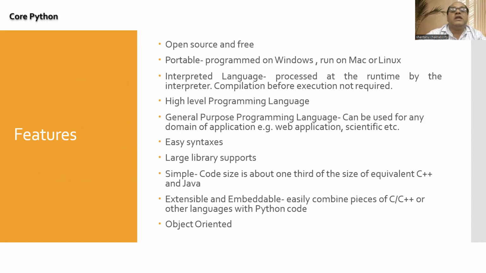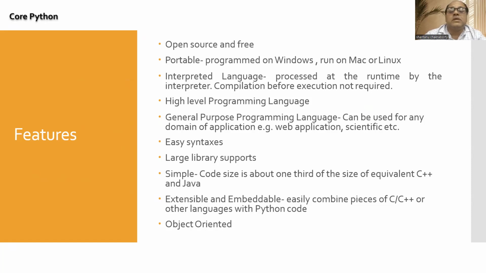It provides very easy syntax and semantics so that it becomes easy for the programmer to write the program and execute the code. And the size of the code in Python is half or one third of the size of the code that you write in Java or any other programming language. So it's very extensible.